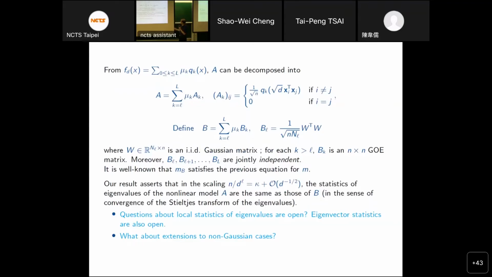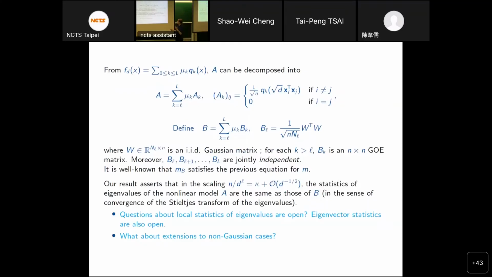Mu L is a sample covariance matrix, which is the Gaussian case. And then for K bigger than L, we just put the Gaussian orthogonal ensembles. And now all the B K are independent.